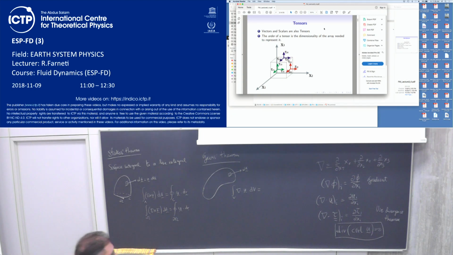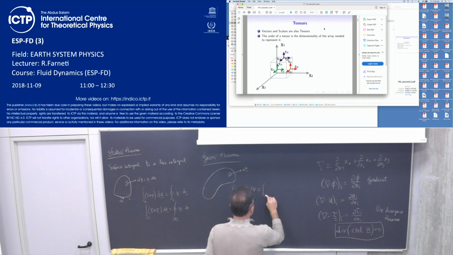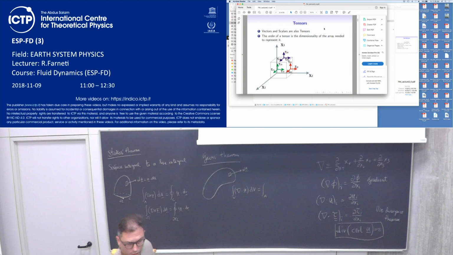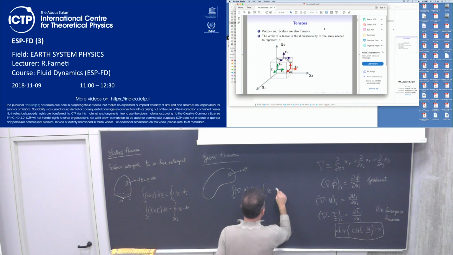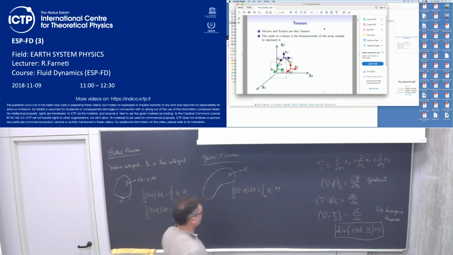Okay, you have, for example, velocity, it could be anything, any vector. The divergence of the vector field integrated over the volume is equal to the integral over the area bounding the volume of that vector field. Okay, this is even more useful in fluid dynamics.